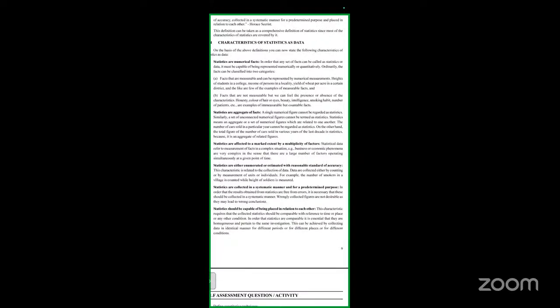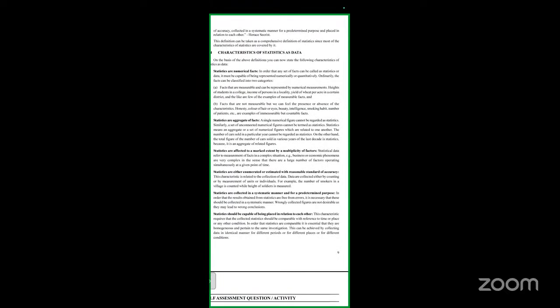That is a secured loan and an unsecured loan. Based on that, they plan. So what are these? These are the evidence to sanction the loan. Similarly, statistics are numerical facts.